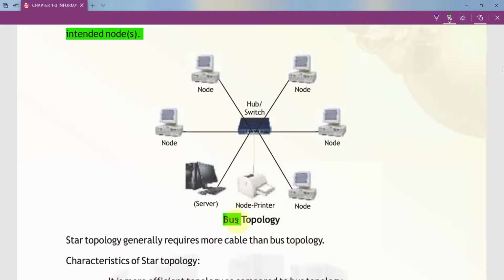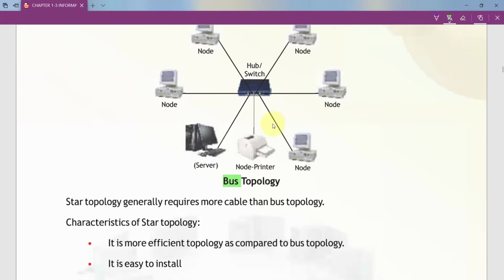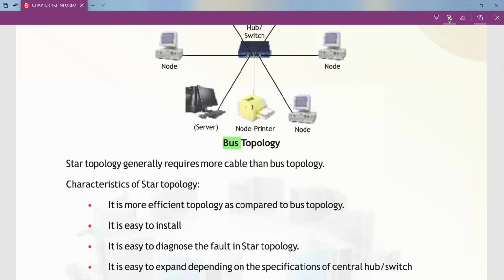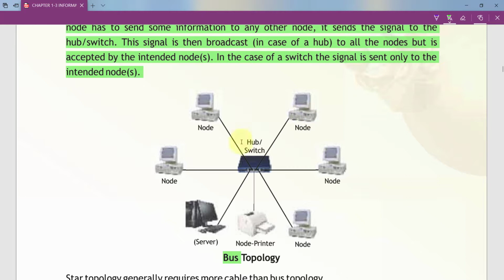You correct it. This is the star pattern, not a bus. Clear? So there you will write star topology. This is a formation of star, not a bus topology. So it is a more efficient topology. Means easy to install and easily you can create that pattern.